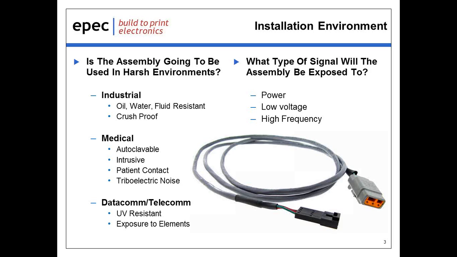And we can change things by looking at the materials. If the assembly needs to carry a high frequency signal, then a set of materials that is able to handle those higher performance requirements could be used. But regardless of the environment, there are conductors, compounds, and tapes available to meet the most rigorous applications.